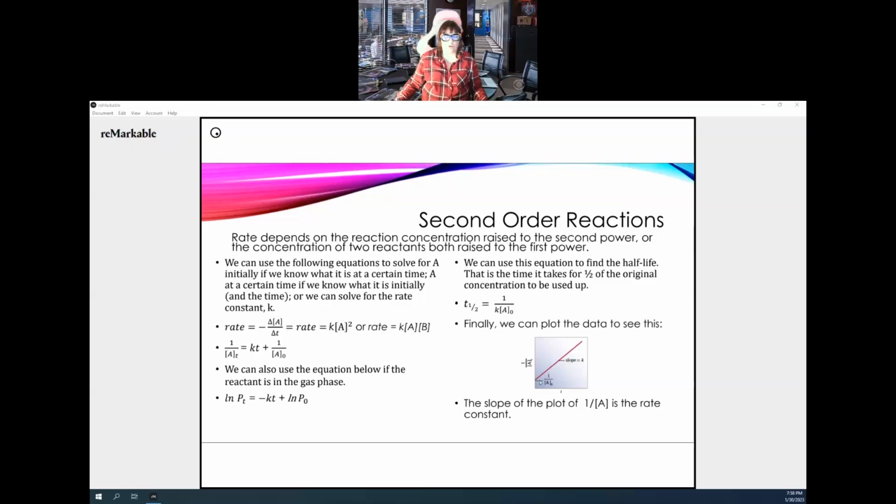Notice that this has a different slope. Our slope is equal to k, not negative k. And this intercept is 1 over the initial concentration of that particular species. So those are our second order reactions. 1 over the concentration is second order, natural log is first order. Move on.